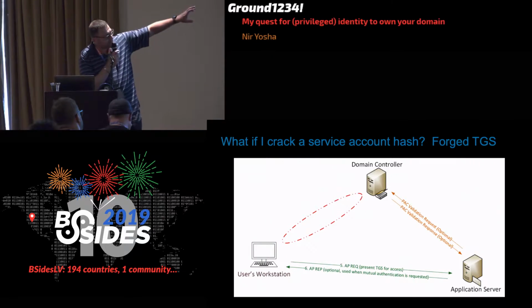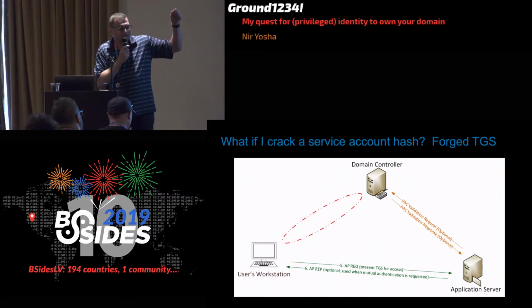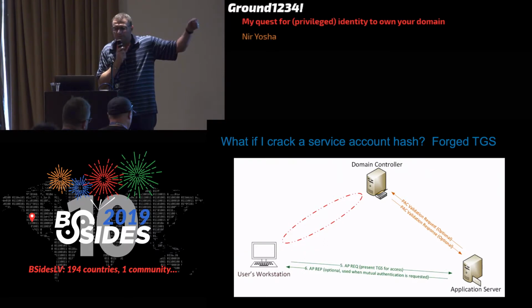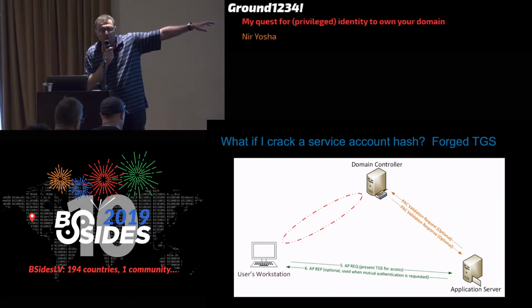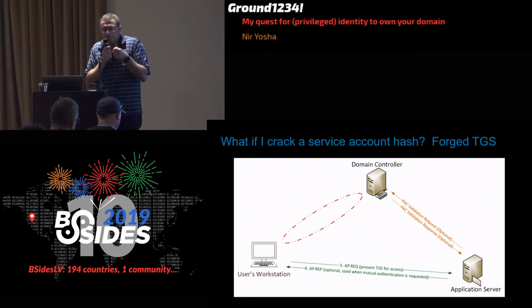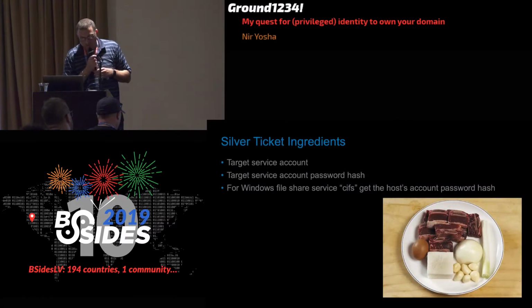And so in our example, if I got all the ingredients to create the TGS, the ticket granting service, to a specific application server, for example my file server or my web server, then I don't need to speak with the domain controller at all. I just created my own ride ticket.